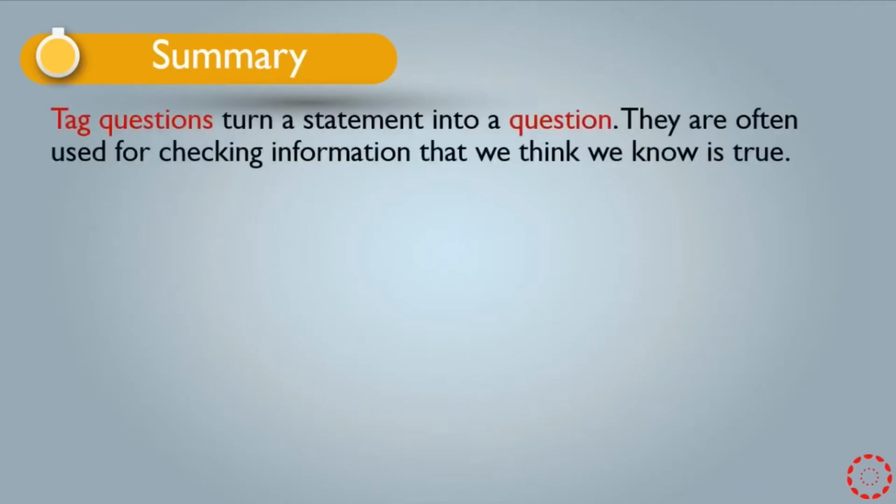Now we have a summary. It's a very, very easy subject. Tag questions turn a statement into a question. They are often used for checking information that we think we know is true. As I mentioned in the first slide, if I know something is true and I am expecting you to agree with me, okay, for example, she is Italian, isn't she?